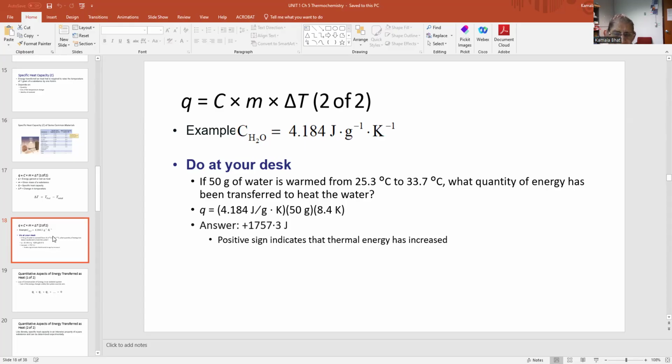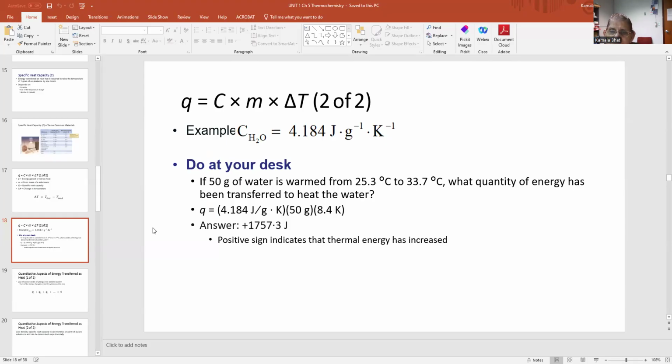We can write it in degrees C or Kelvin because the difference is the same in both scales. When you multiply all the terms, you get the answer 1757.3 joules.